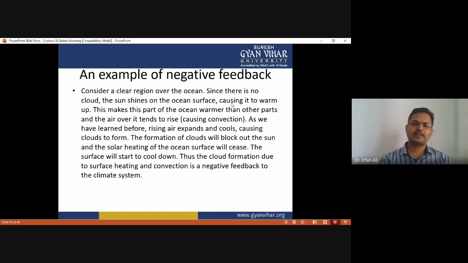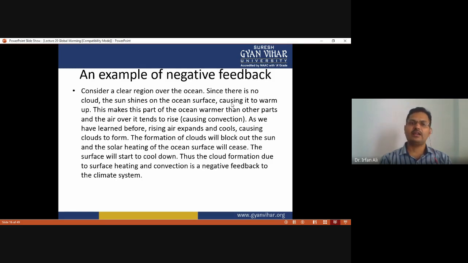And another example, of negative feedback. Consider a clear region over the ocean. Since there is no cloud and the sun shines on the ocean surface, causing it to warm up, this makes this part of the ocean warmer than other parts, and the air over it tends to rise, causing convection.